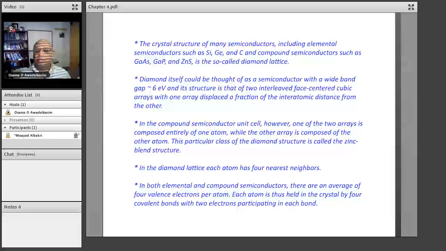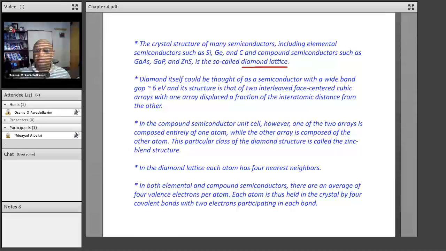It's a slight offshoot of the face-centered cubic, a displaced form of it. It's called the diamond lattice, or the diamond unit cell.